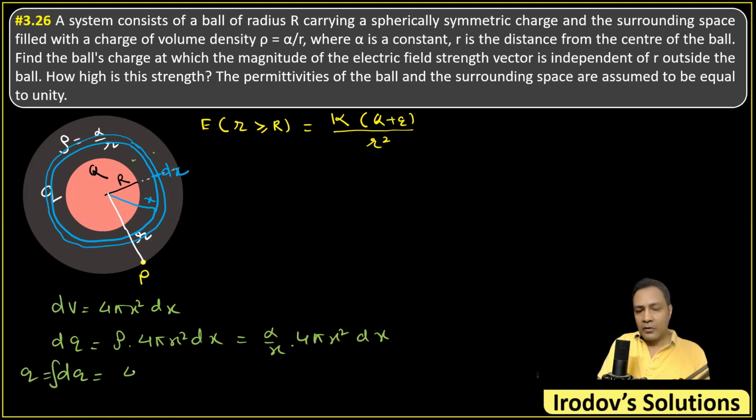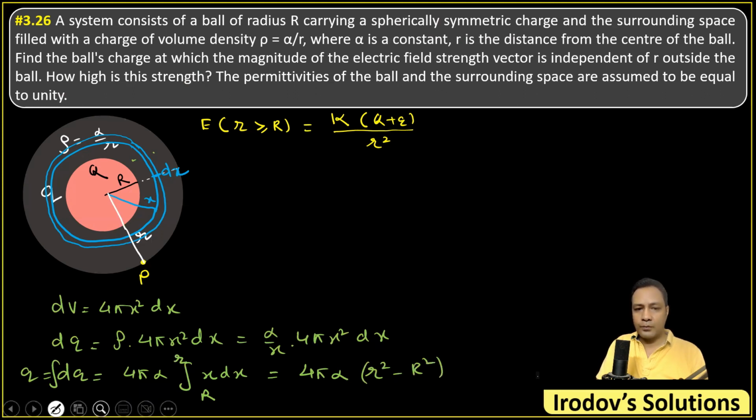Here I can take 4 pi alpha outside, and within the integration I have only x dx, and the integration has to be carried from capital R to small r. That gives 4 pi alpha times r square minus capital R square divided by 2, and that 2 will make this 2 pi alpha.